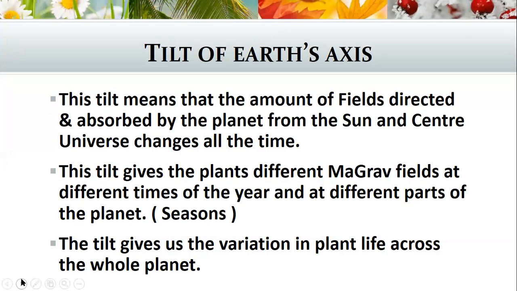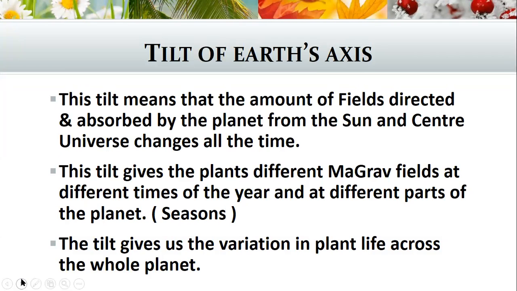So this also explains why certain plant species will only grow in New Zealand, for example, and in Australia, and not grow in the tropics. And so from north to south, you also have different zones where some plants grow and some plants don't, because they're all exposed to different fields at different points on the planet.